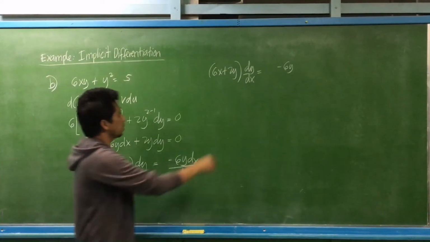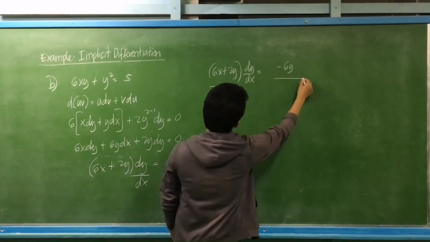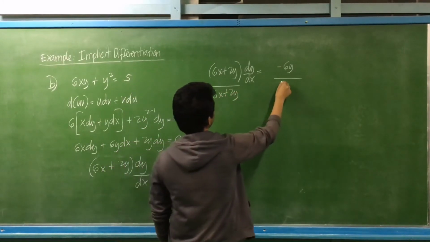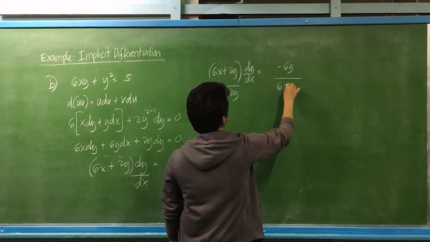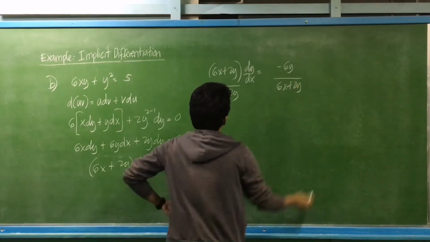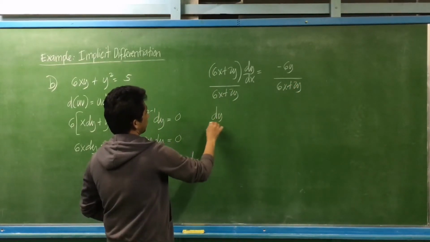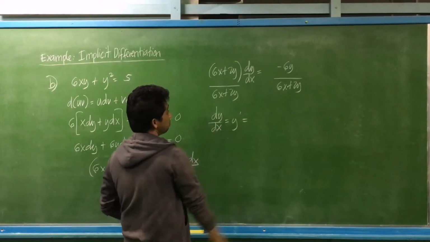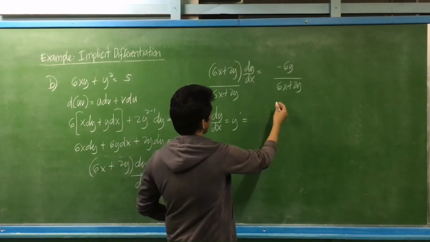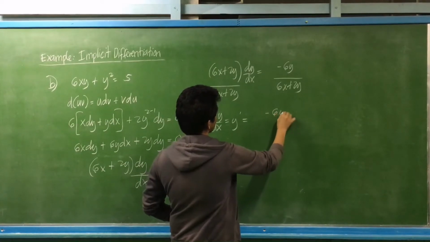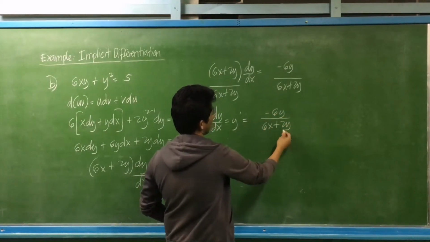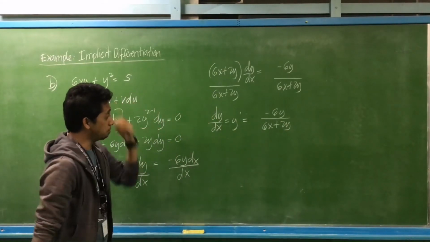Again, we divide both sides of the equation by 6x plus 2y. So we have the equivalent of dy over dx, or y prime, equal to negative 6y all over 6x plus 2y. I guess we can still simplify this.